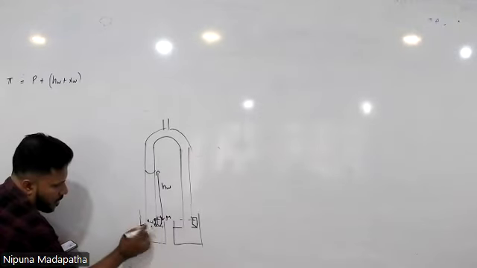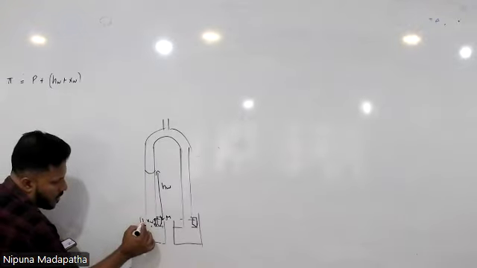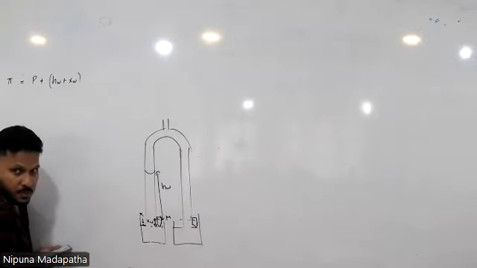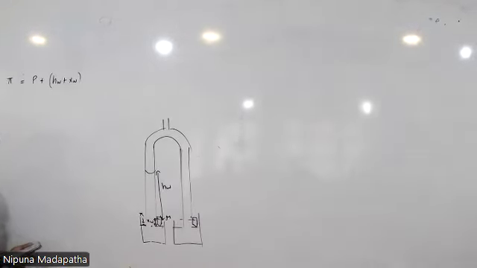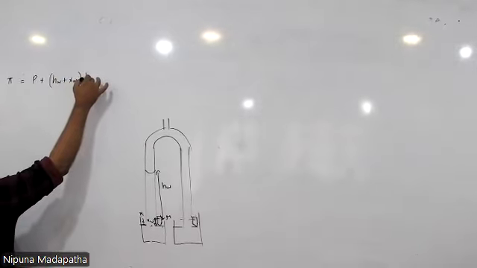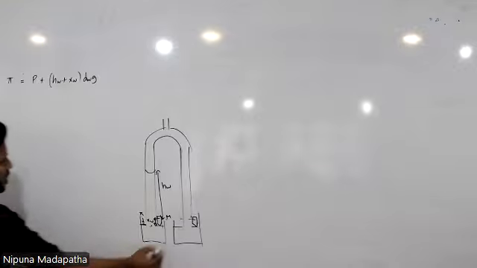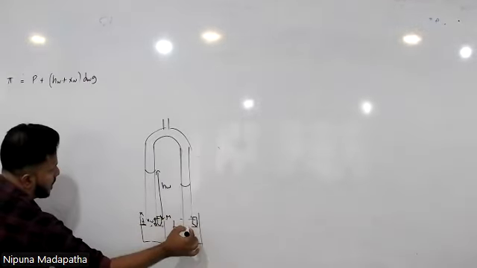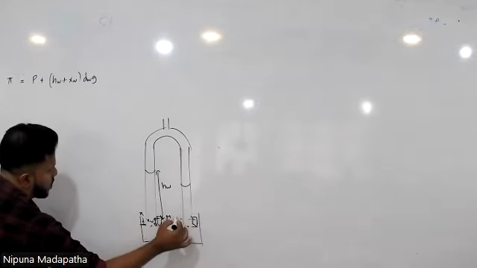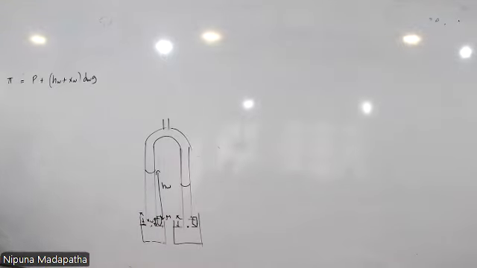Pressure at this water surface is open to the atmosphere, so pressure at this point is equal to the atmospheric pressure. So the pressure here, HW plus XW, dWg, right? So pressure at this point is also equal to the atmospheric pressure.